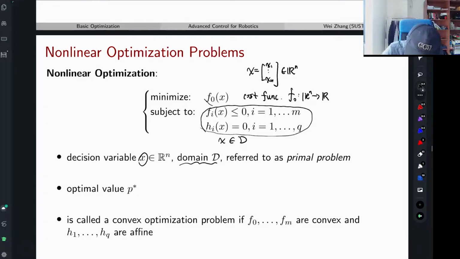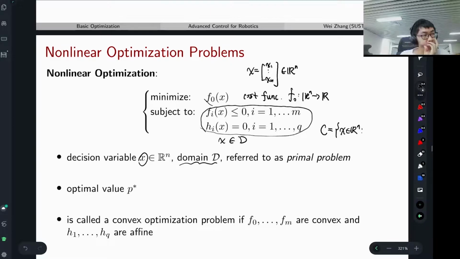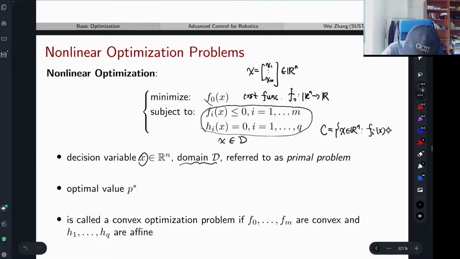So for example, I will define a set. Let's call it set C, which is x belonging to Rn or D, such that fi of x less than or equal to 0, hi of x equal to 0. This is i from 1 to m. This is i from 1 to q.